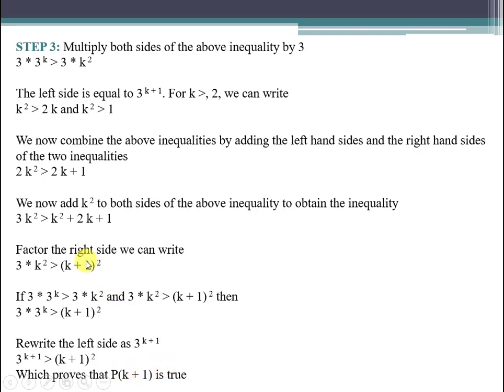So what did we do here? Again, the left side we write as 3 to the k plus 1, and then for k greater than 2, we can write these inequalities, and we add k squared to both sides of this inequality, and we factor this one, and when we rewrite the left side, we have this inequality, and it shows us the statement is true for k plus 1.